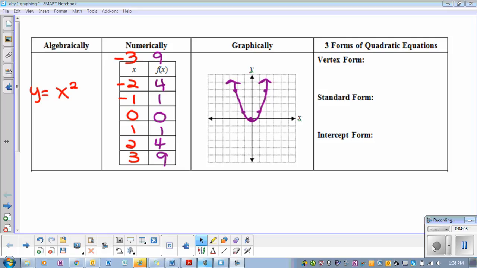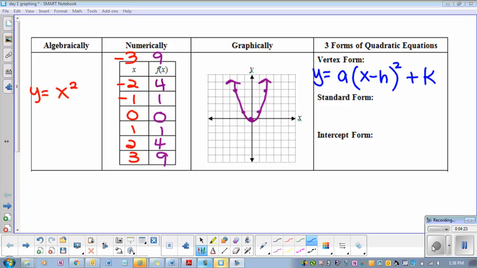So let's talk about the different forms of quadratic equations. There's the vertex form, and this is the one that you guys are probably the most familiar with. y equals a times x minus h squared plus k. This is where we can get the vertex and our transformations.